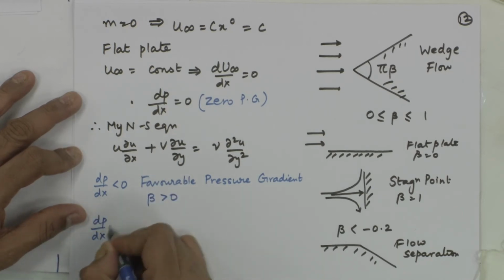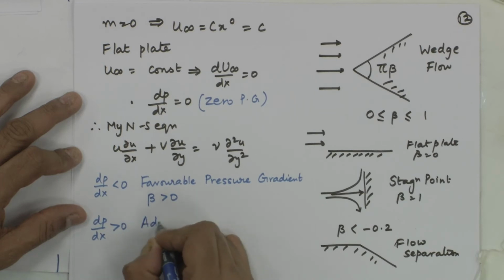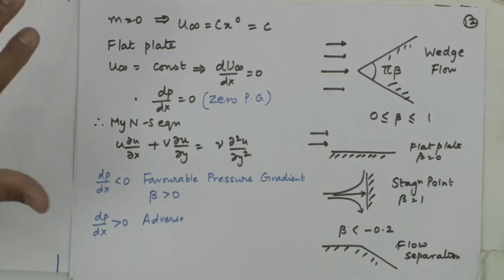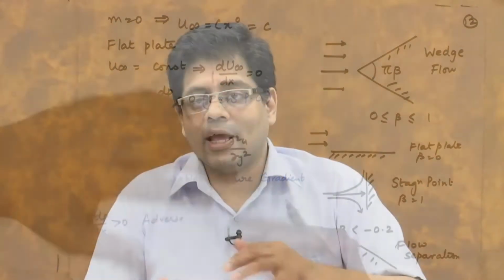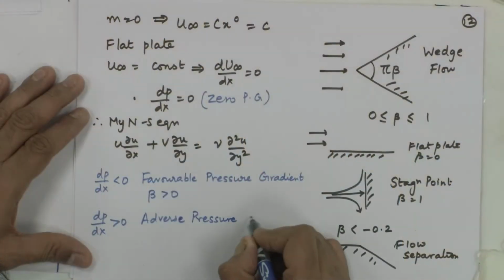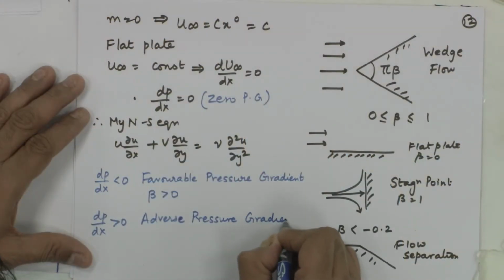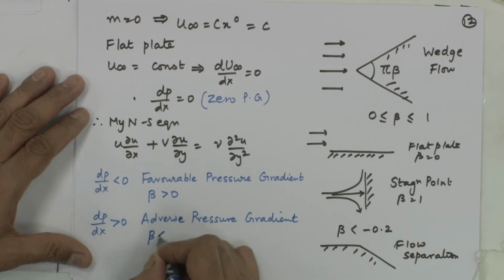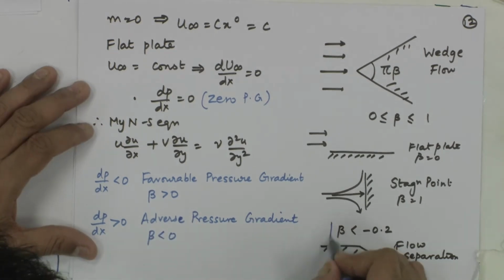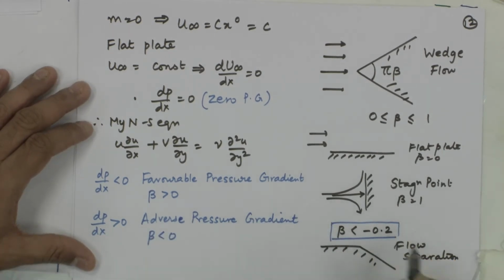dp by dx greater than 0 is called adverse pressure gradient. Pressure is increasing along the flow direction, the flow is getting retarded, therefore, the flow will ultimately separate, it will come out of contact with the solid surface. So, this is called adverse pressure gradient, dp by dx greater than 0, and this occurs for beta less than 0 and beta less than minus 0.2 onwards.